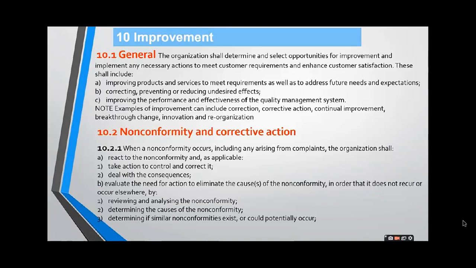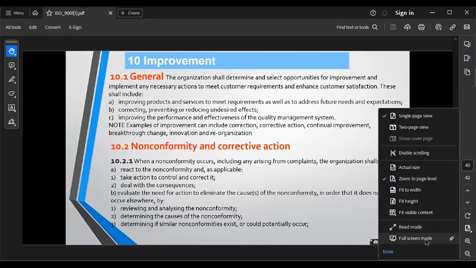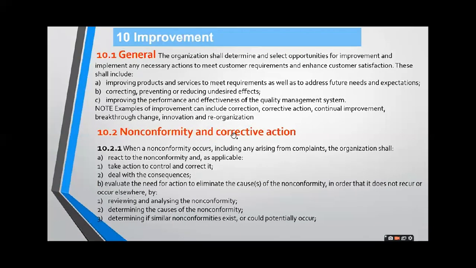We are at clause 10, which is the last clause of the ISO 9001 lead auditor. So you can go through these two clauses for the improvement.